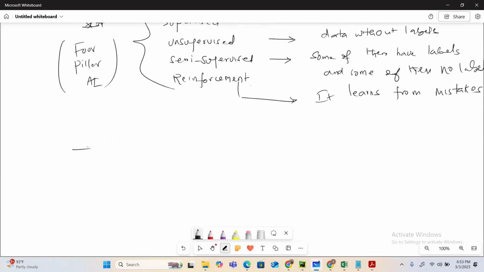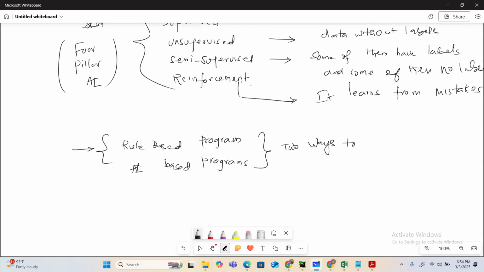Now, what are rule-based programs? Rule-based programs and AI-based programs. These are the two ways to design applications.